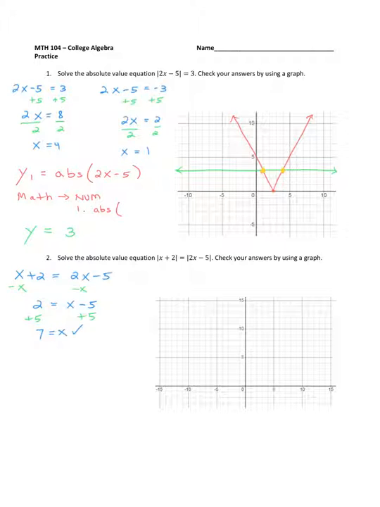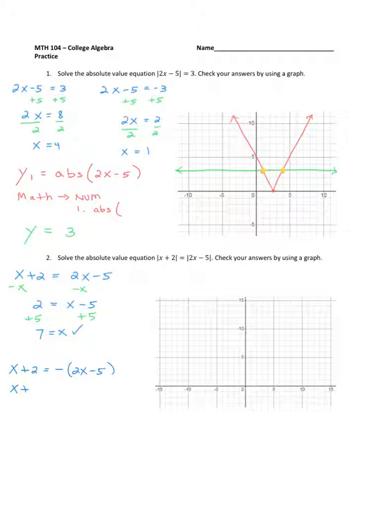But again, there's possibly going to be a second solution here. What I'm going to do is let one equation equal the negative of the other. So it's really similar to what I did up here. Leave everything alone, just ignore the absolute values. Then I let the left side equal the negative of the other side. And that trick is going to work here too. This is the second equation. Where is x plus 2 equal to negative 2x minus 5?